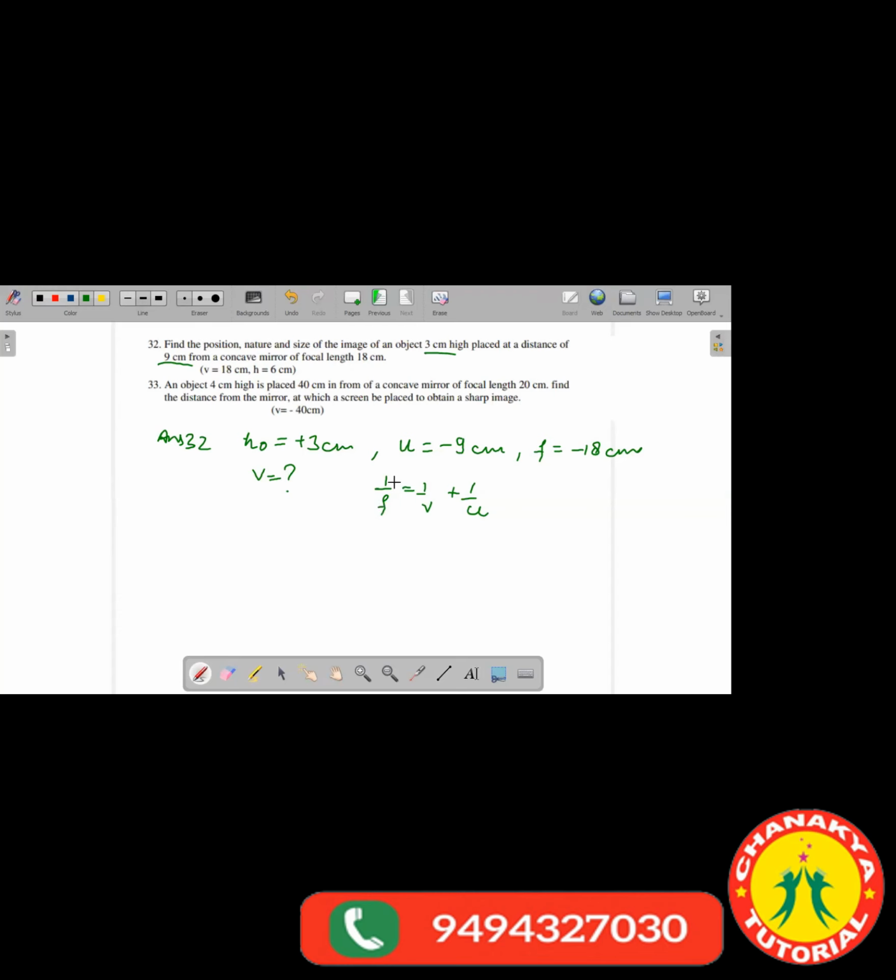Sir, is it minus 18? Yes, is it minus 18? The answers are here. You have V as 18 centimeter, H as 6 centimeter. So just check if you are getting the correct answer. V has to be plus 18 centimeter. Zoha, are you getting the answer?